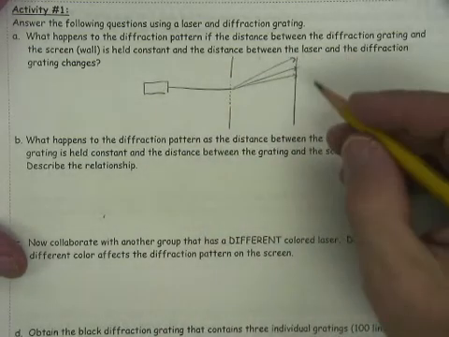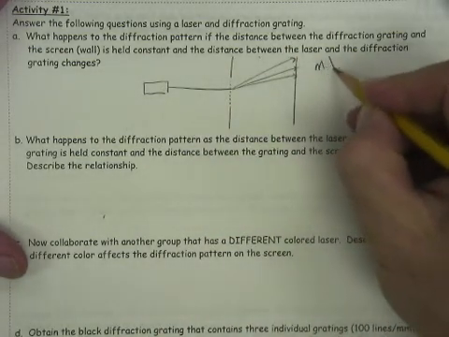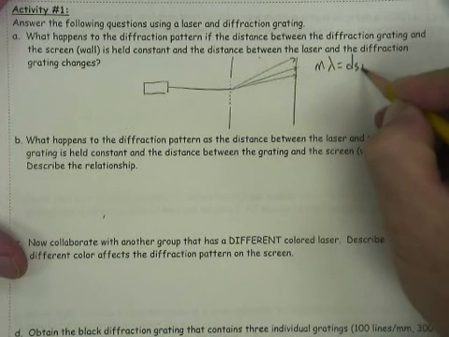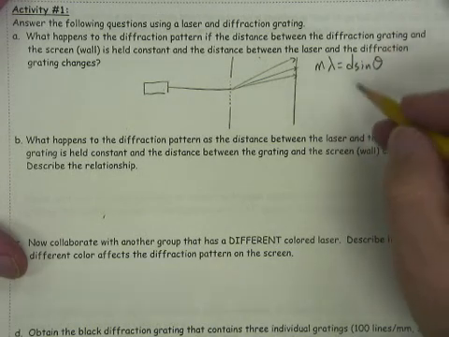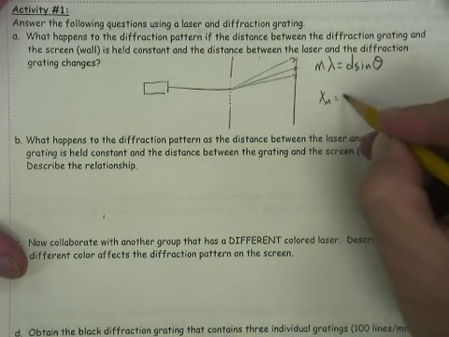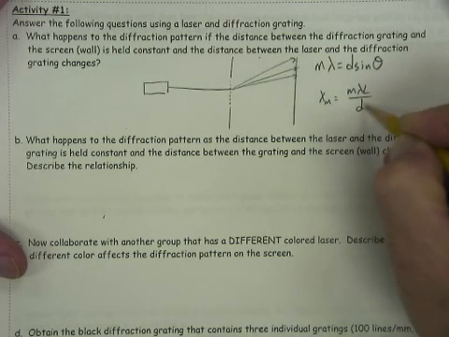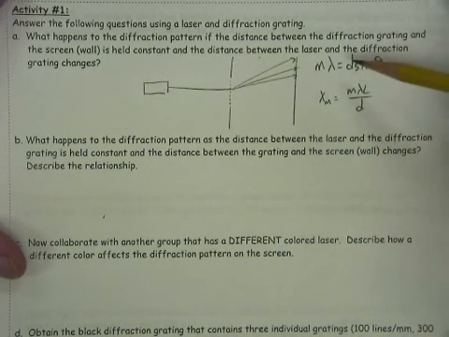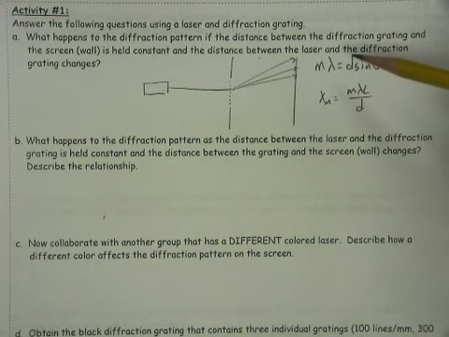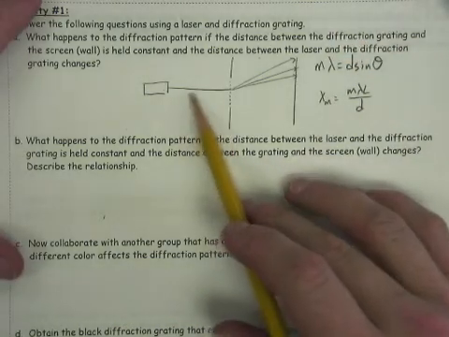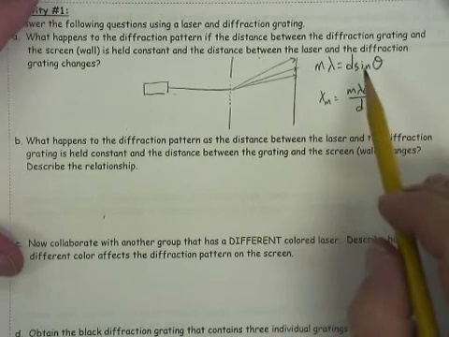Well, if you go to your equations, we've got two of them. The first one is m lambda equals d sine theta, and the other one is xm equals m lambda L over d. If you just check this out, this distance here is not in any of these equations.